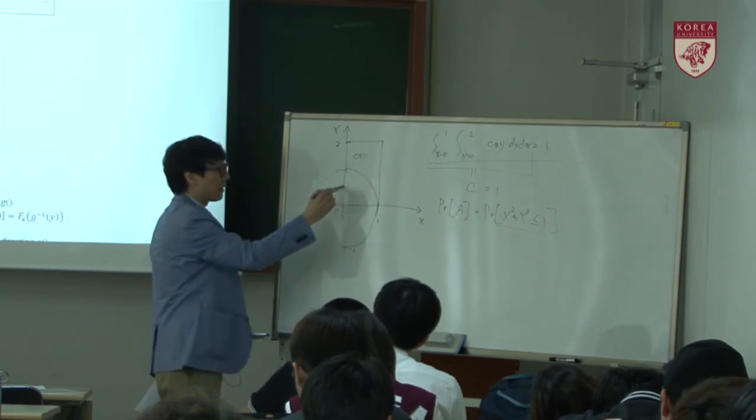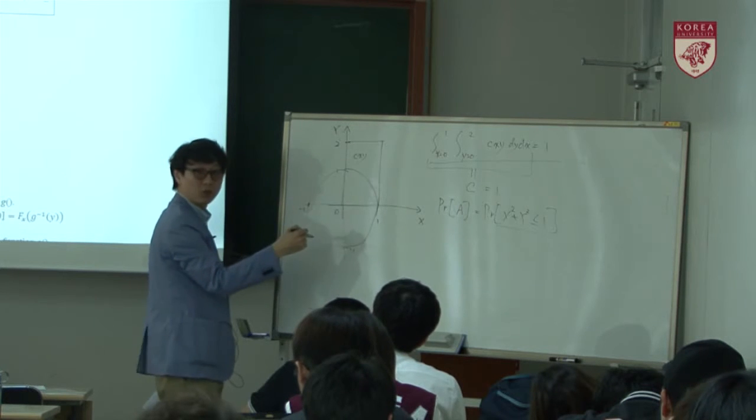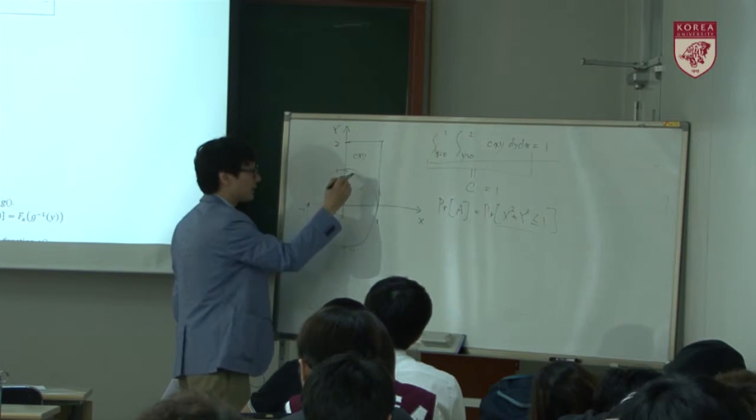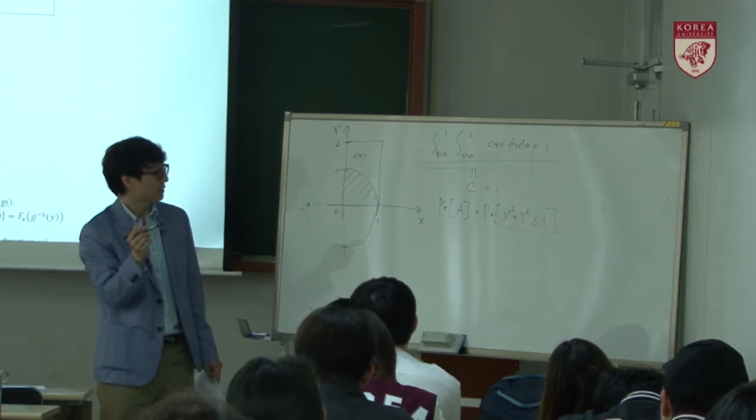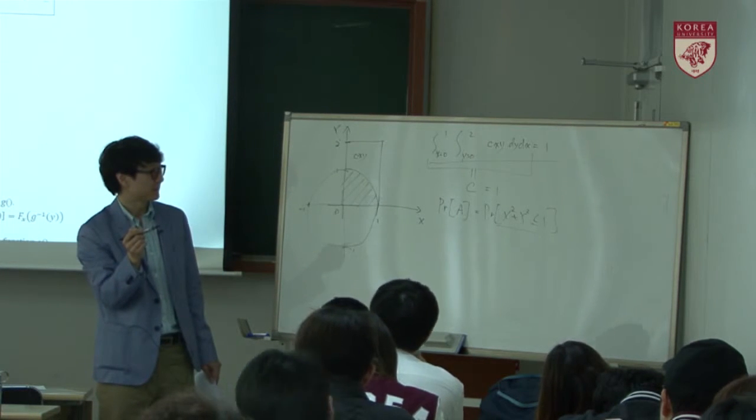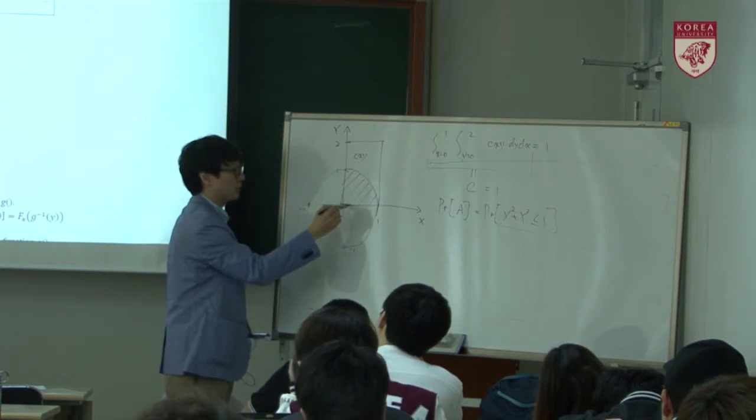However, the outside of the rectangle is 0, so we only consider the overlapped part, a quarter circle.